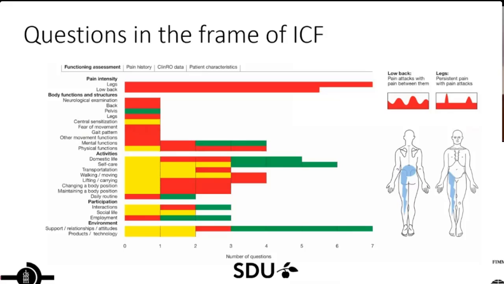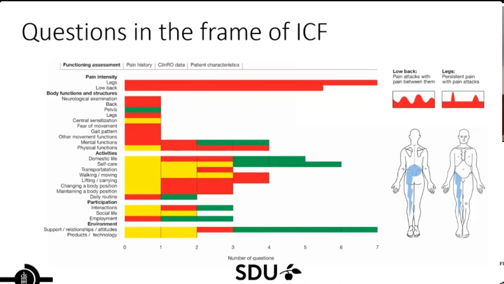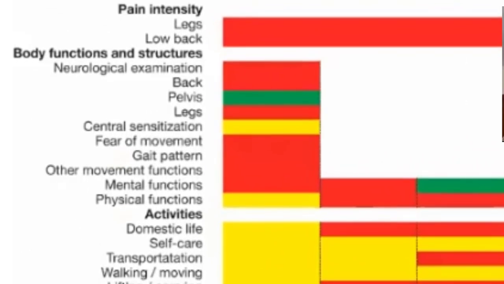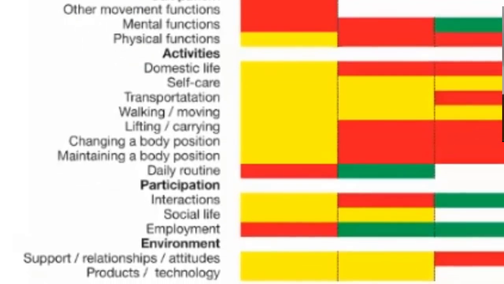From that, we made a new questionnaire, and it's quite different from the Rowland-Morris questionnaire. It includes all the items from the ICF, and it includes the grade of disability that the patients or the clinicians define for each item.